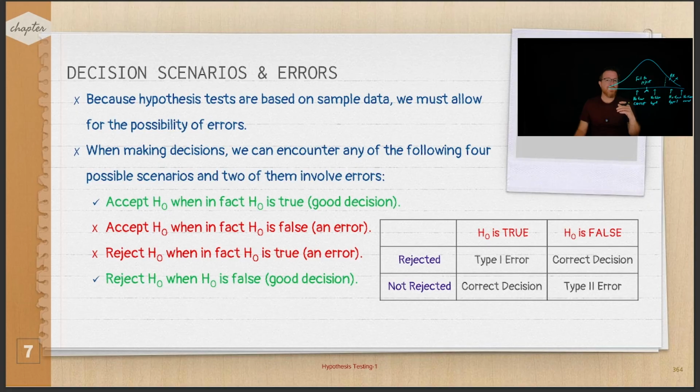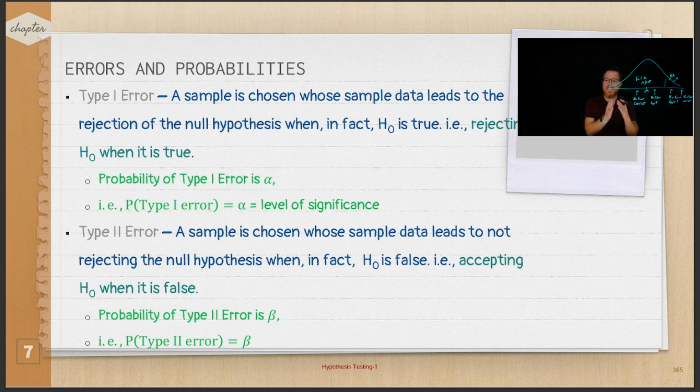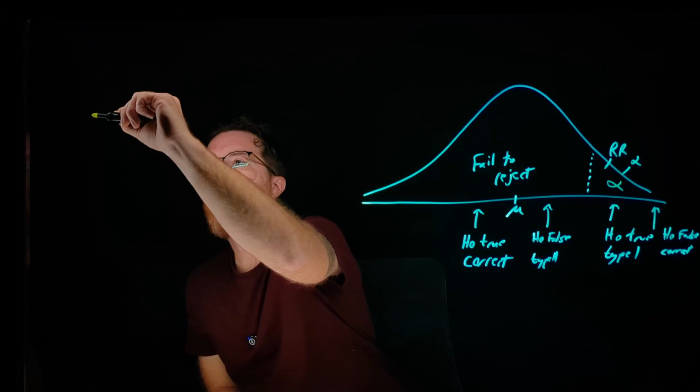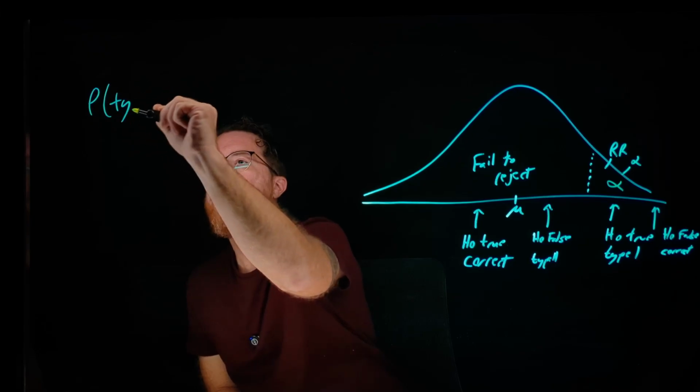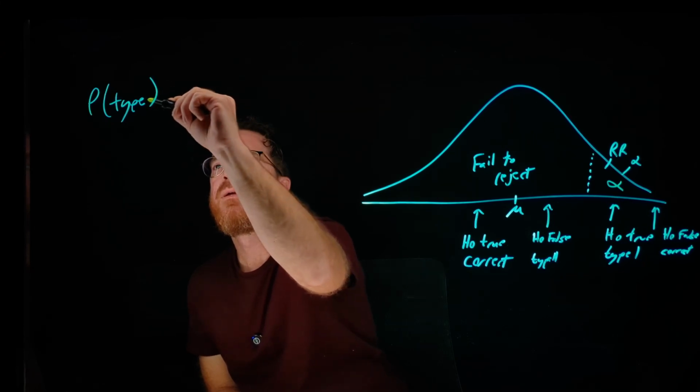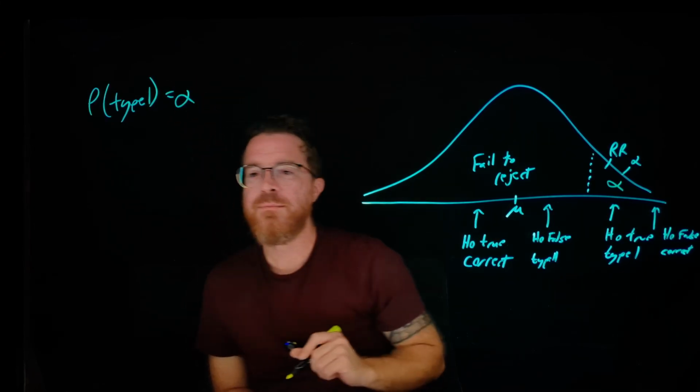And where a lot of confusion comes from, though, is then what is the probability of each of these occurring? So if our null hypothesis is true, that is, we have a null hypothesis statement that is in fact correct, and we get the wrong answer, then the probability of getting this type 1 error is going to be called alpha. So the probability of type 1 error is alpha.